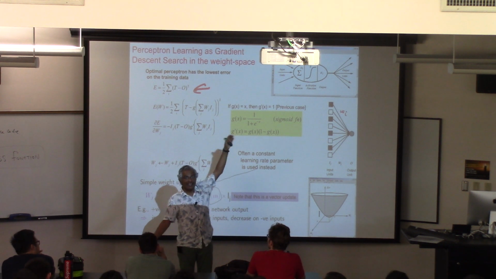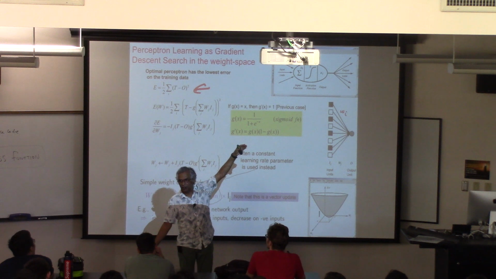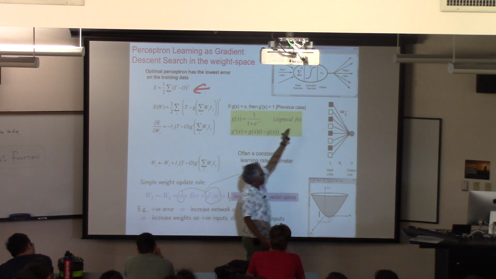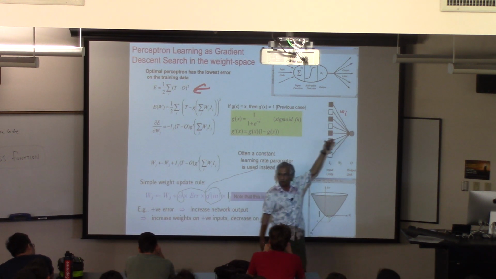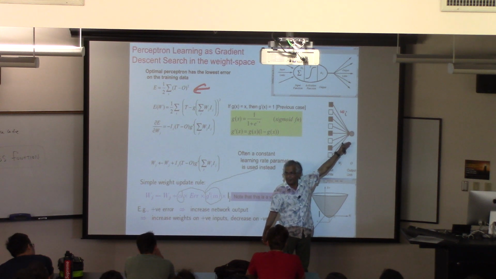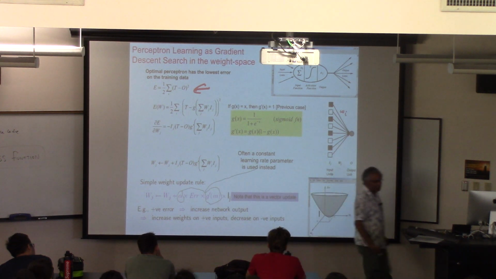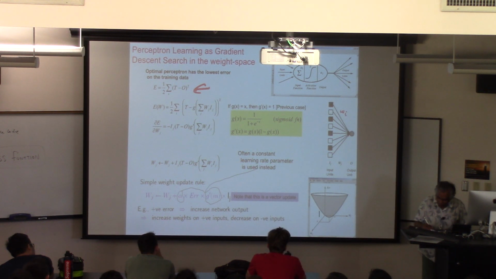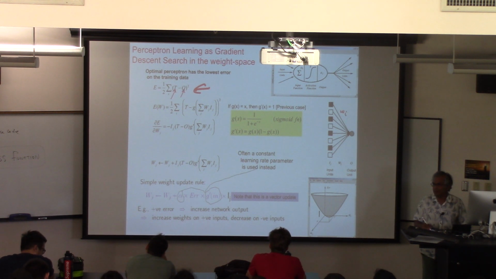Which means I've been given like 10,000 examples. So I pass all the 10,000 examples through this and figure out the error for each of them. The error for each example will be the true value for that example minus the output from the perceptron. I square it and sum this over all the examples.